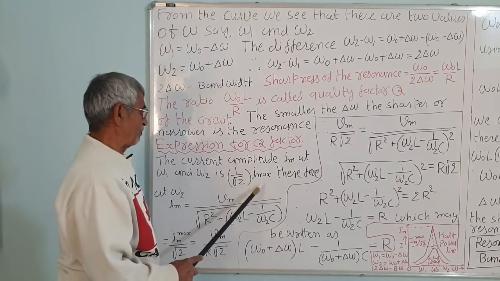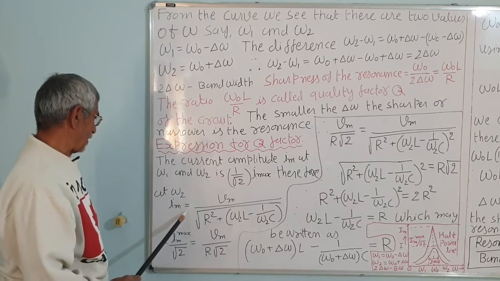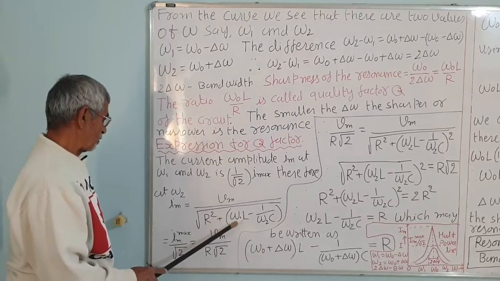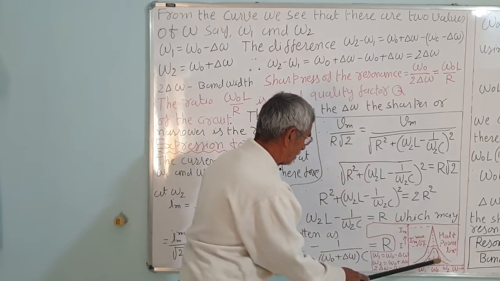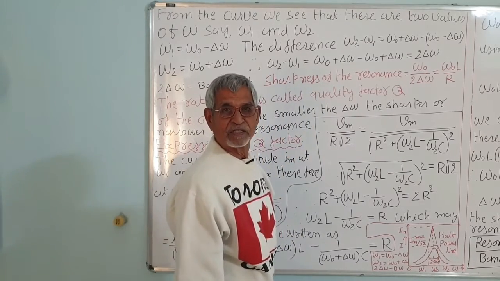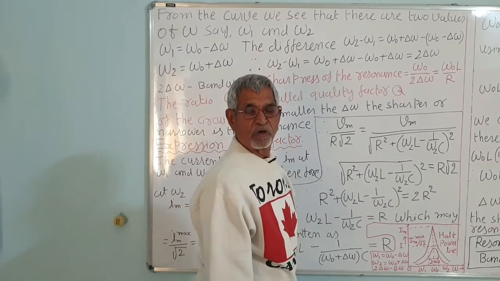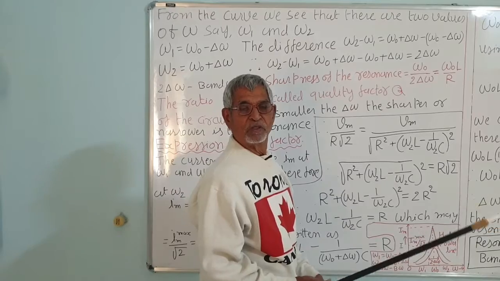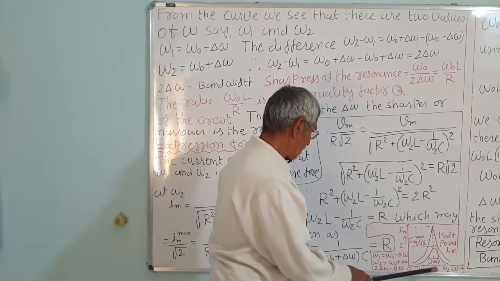Therefore, at omega 2, Im can be written as voltage upon impedance, that is, under root R square plus omega 2 L. This portion is an inductive circuit. Inductive reactance is more at higher frequency. We know inductive reactance XL is equal to 2 pi nu L, so if omega is more, nu is more, then XL is more.